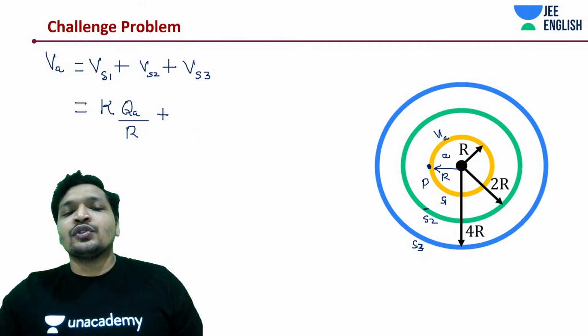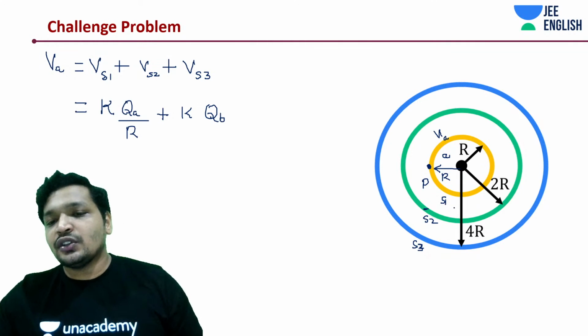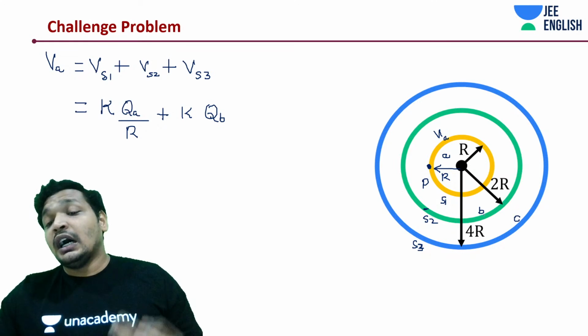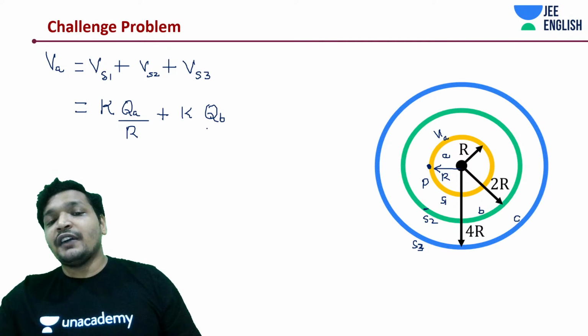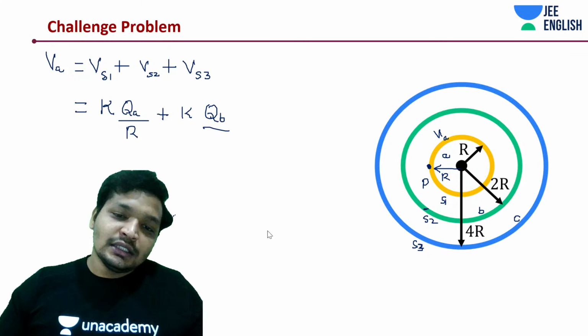And then due to surface 2, it's going to be K into QB, which is the charge on shell B. This shell B, this shell C. So on shell B, the charge divided by the radius of what?